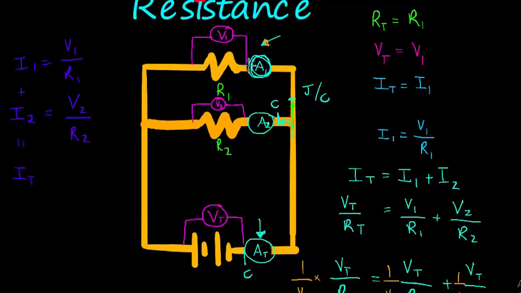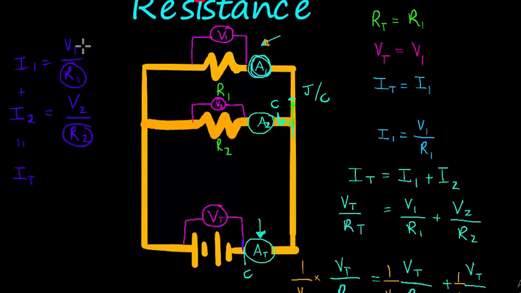But what I do want to show you, and the reason why I'm showing this again, is that notice that if resistor 1 is bigger than resistor 2, the voltages are the same, because remember, voltage in parallel is equal to the total voltage, because it simply represents how much energy each coulomb has, and whether it splits or not, the total energy that each coulomb has would be equal.